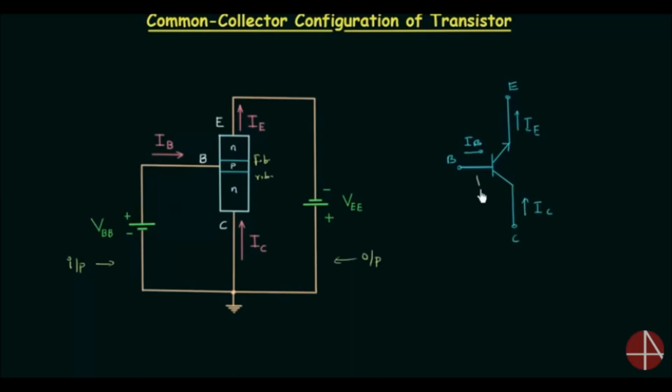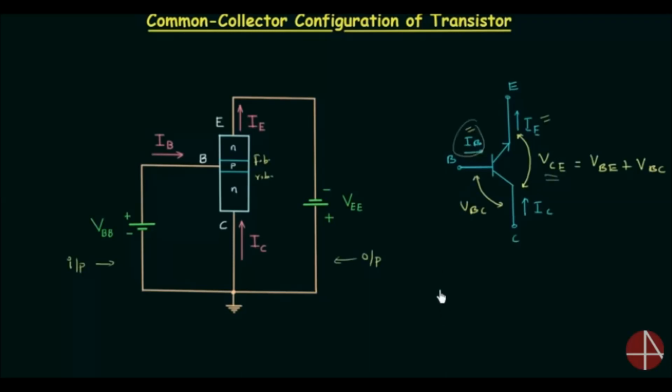The input voltage is VBC, and the output voltage is VCE. VCE is equal to VBE plus VBC, and the input current is IB, the output current is IE. In case of output characteristics, we plot the graphical relation between the output current IE and the output voltage VCE for different values of input current IB.